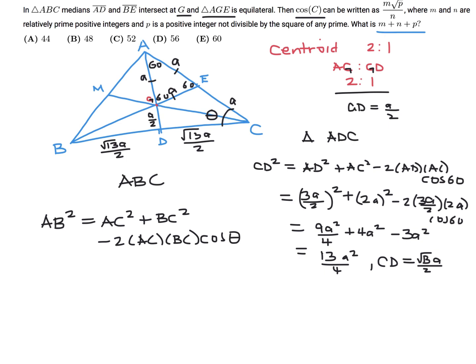And I'll let you do this. AC is going to be 2A. BC is what? 2 root 13A, minus 2A, root 13A, cos theta.